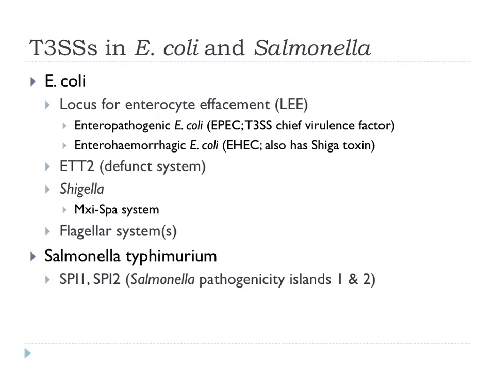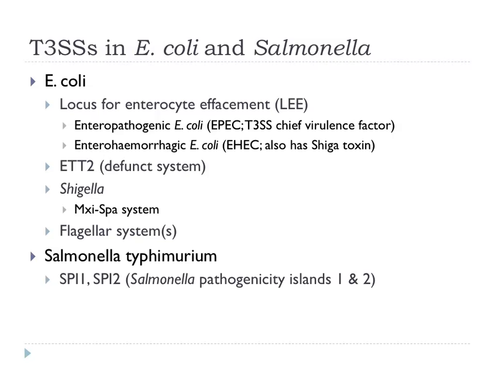There is also, as we described a few years ago, this defunct system, which is named ETT2 for E. coli type 3 secretion system 2, which occurs in a wide range of E. colis as a gene cluster in various stages of disrepair. And so far we've never actually found that an intact gene cluster produces a functional system, but by homology it's clear that there was once a functional system.